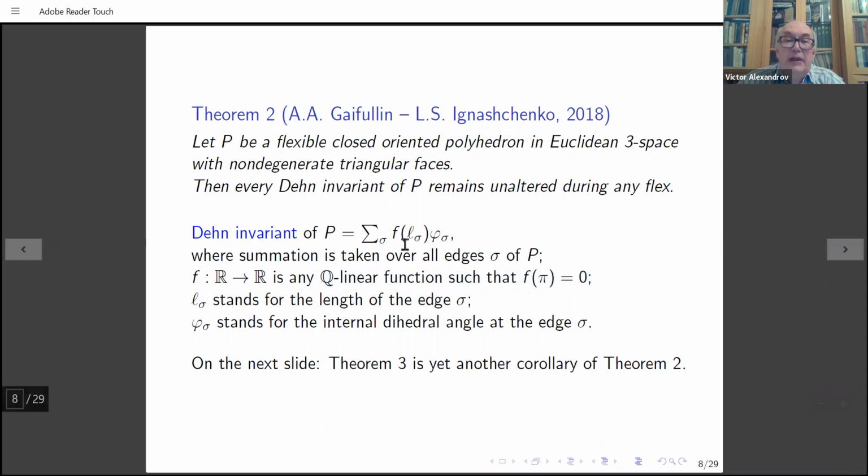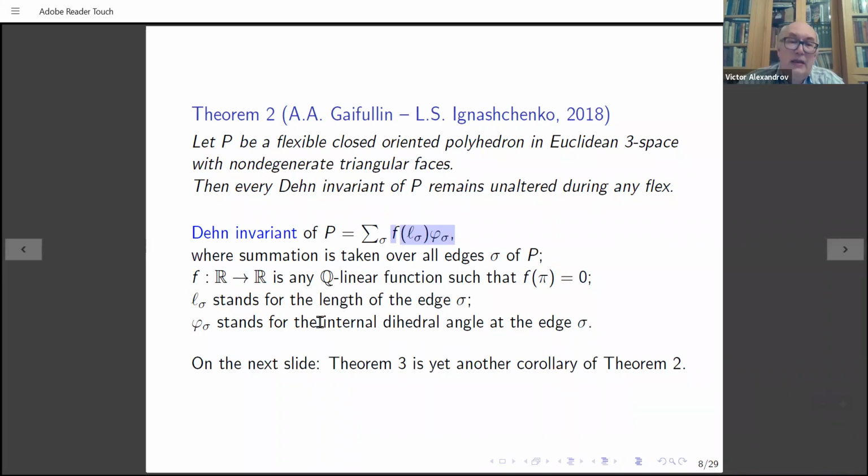In the definition of the Dehn invariant, we can take any of these functions. And we should take the value of this function at the real number that is equal to the length of the edge sigma. And then we should multiply this value by the internal dihedral angle at the edge sigma.